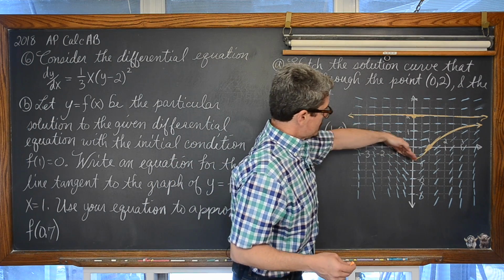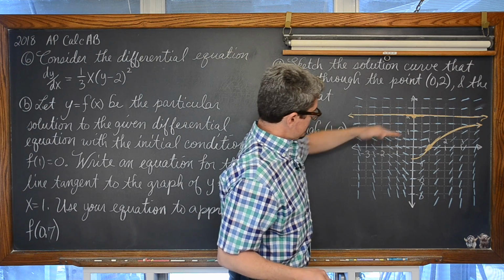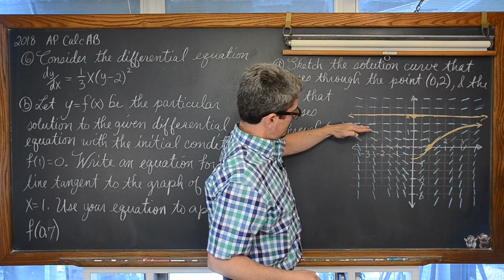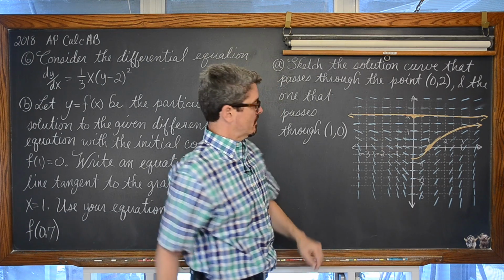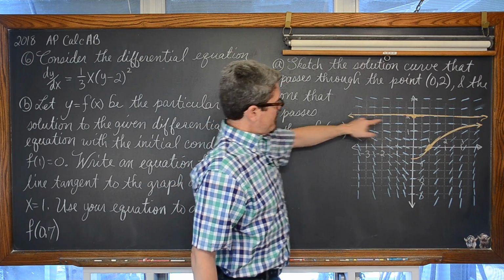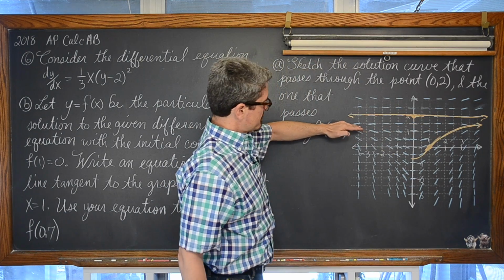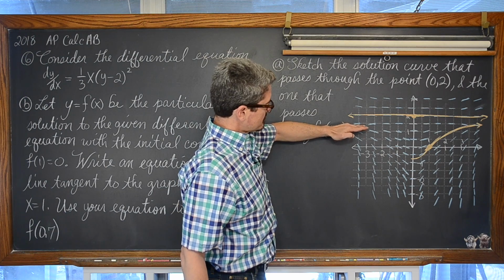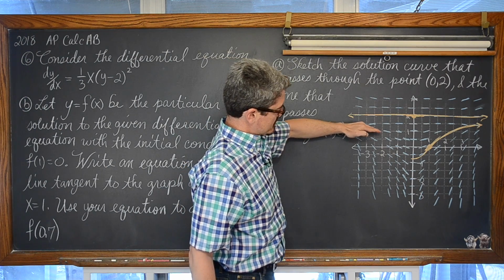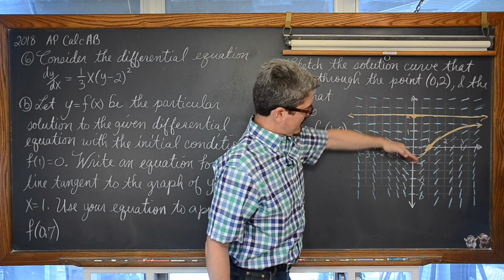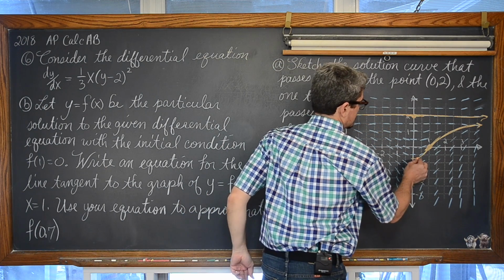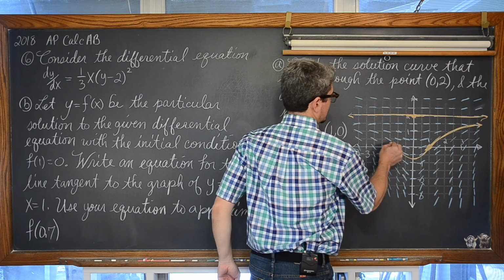These slopes over here seem to start off being either nearly 0 or quite negative, depending where you are vertically along your slope field. They start to fall down, come to the y-axis, and then rise back up again.